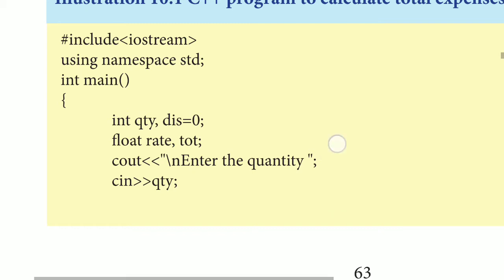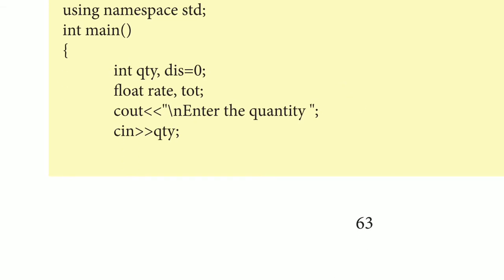So int main is the main function. int quantity and discount; quantity is a variable and discount is equal to 0 right now. float rate and TOT: float means a decimal value variable, so rate and TOT are variables that contain float values.